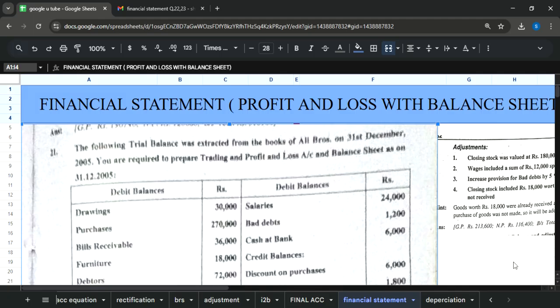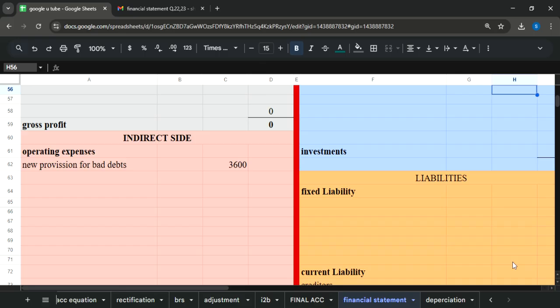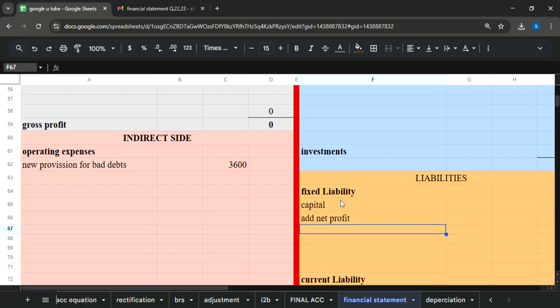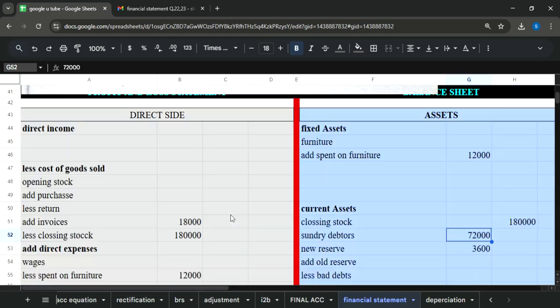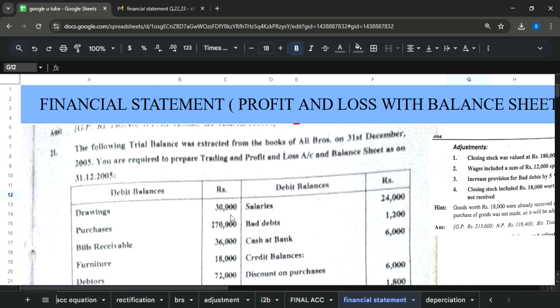Let's put drawings over here in our fixed liability side, for which we will enter capital first, then add net profit, and then subtract drawings, which is present in the trial balance. The amount of drawings given is 30,000. Write down 30,000 over here, and you know that these are present in the trial balance, that is why there will be only a single effect.